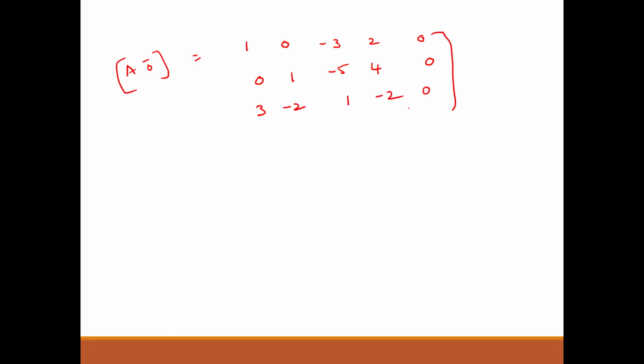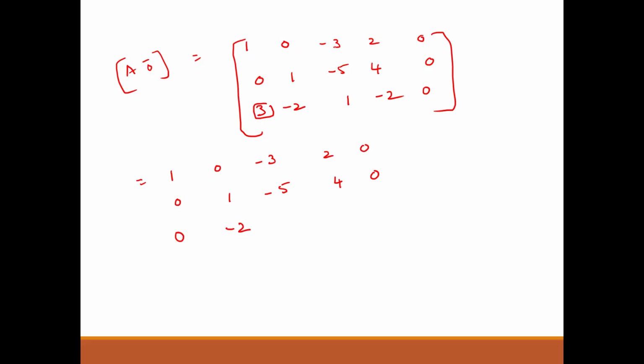Okay. So I want to make it into echelon form. It is already 0. I want to make this one 0. How will you make it 0? Multiply the first row with 3 and subtract it. So 1, 0, minus 3, 2, 0, and 0, 1, minus 5, 4, 0. Multiply with 3. 3 minus 3, 0. Minus 2, minus 0, that is minus 2.